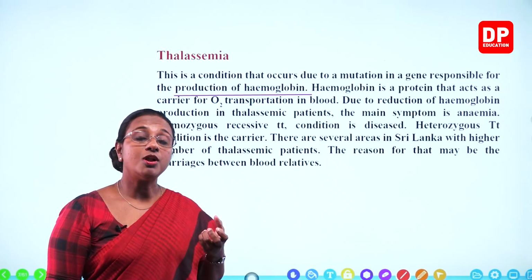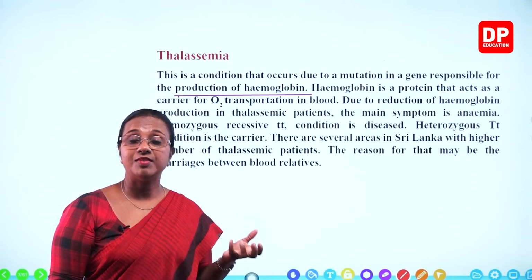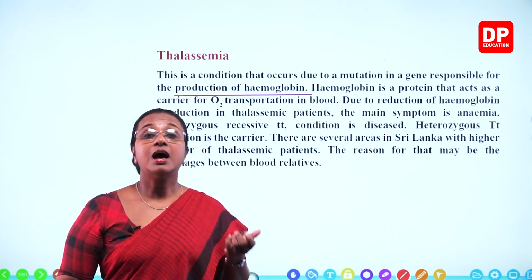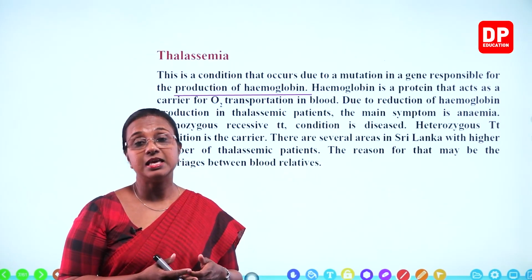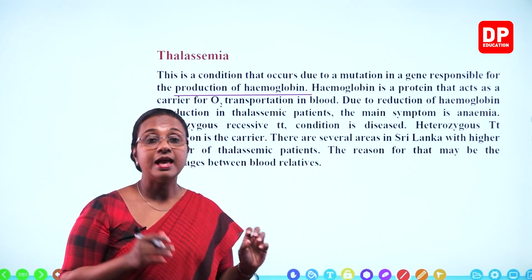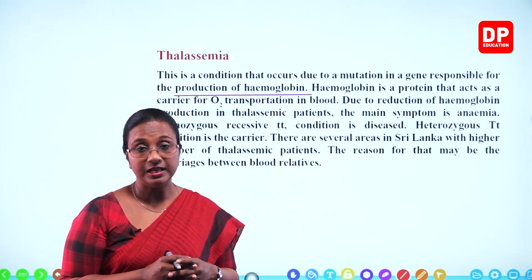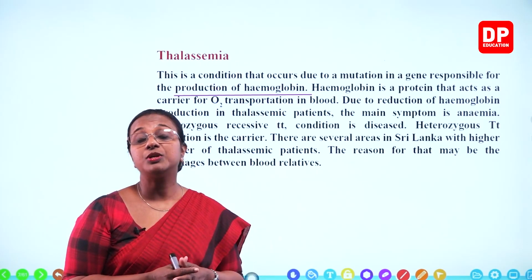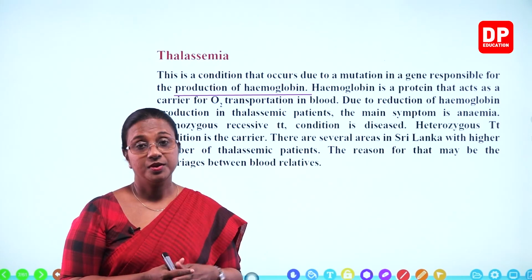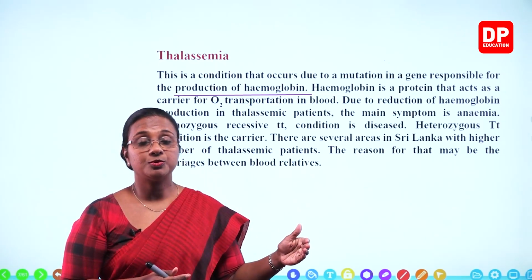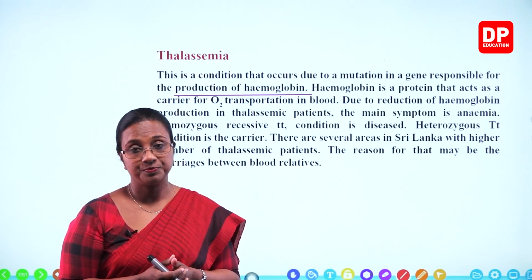Now you all know what hemoglobin is. We have the blood, and in blood we have the red blood cells, RBC. RBC has hemoglobin. In that, heme is the iron and globin is a protein. This hemoglobin is responsible for the transportation of oxygen. Oxygen binds to hemoglobin in blood and it is transported by RBC.